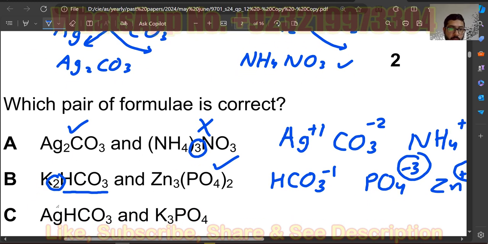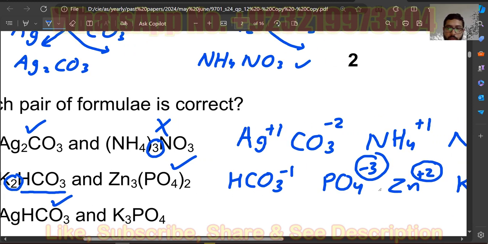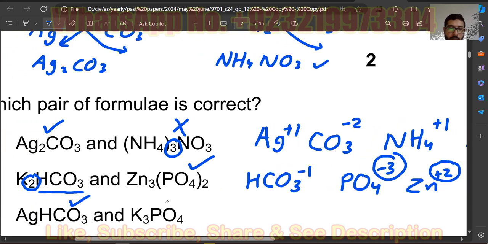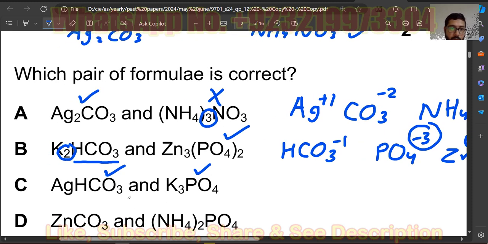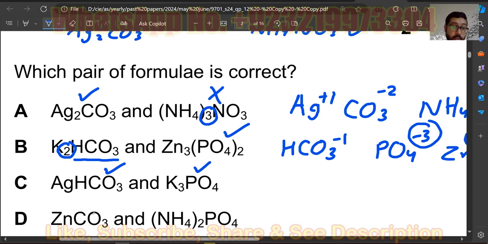Then the next formula, AgHCO3. Ag has +1 charge and hydrogen carbonate has -1 charge. So yes, that's the correct formula. Phosphate has -3, potassium +1. After crossing their charges, this will be the right formula, and we can see that these two are correct. Let's check the final option, zinc carbonate.